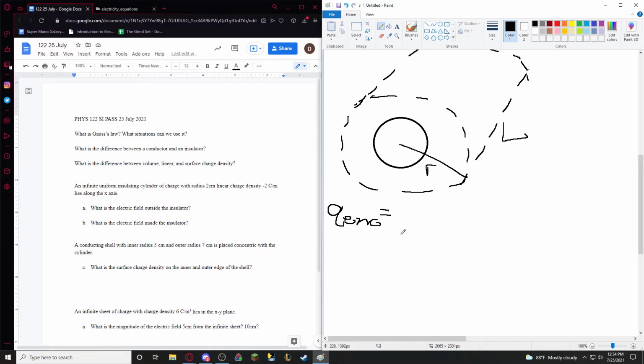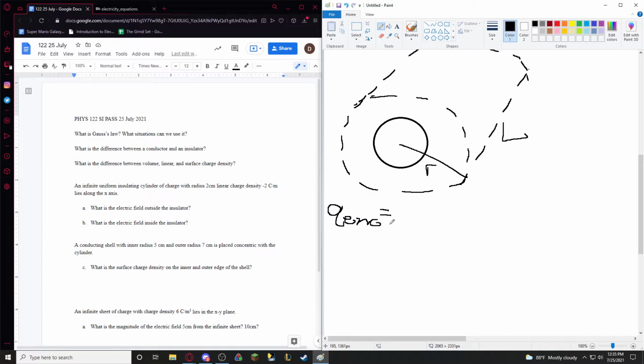So our enclosed charge should be negative in total. I'm still trying to figure out where they're getting the K, because of the area with epsilon naught, but I'm trying to figure out where to get the 2 from. Don't worry about that yet. Just what would our enclosed charge be?